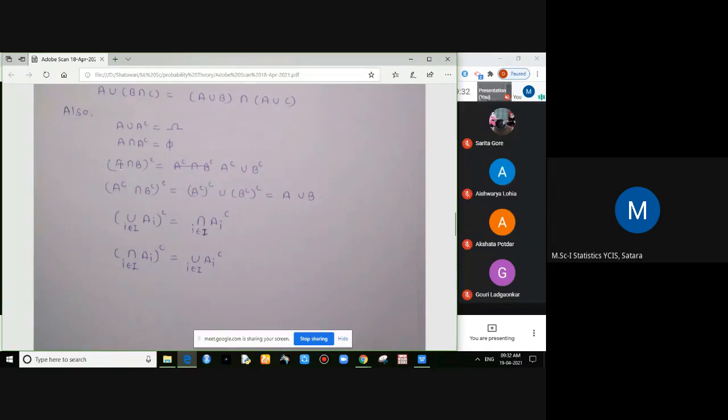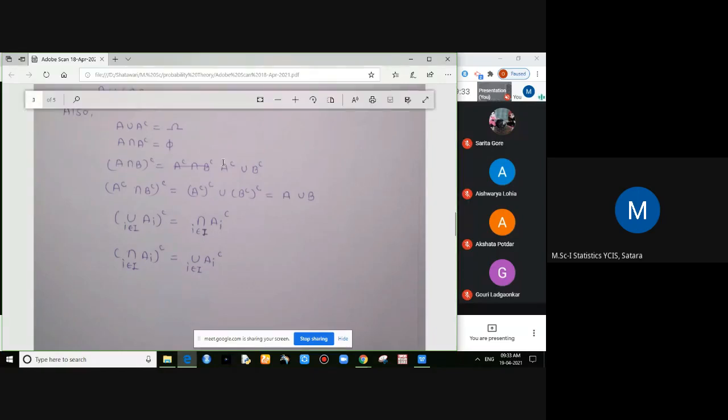Then A intersection B whole complement is the A complement union B complement.